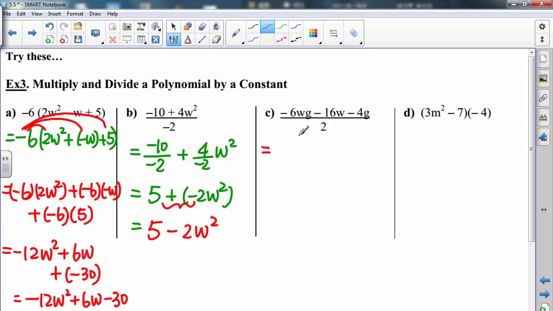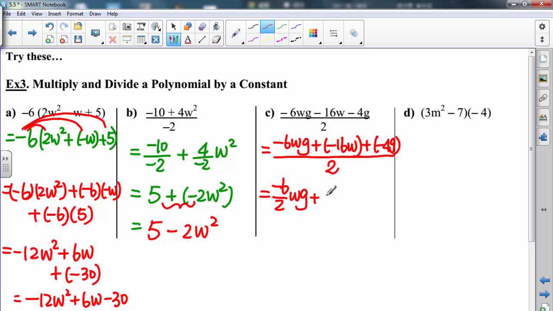Let's look at C. I will change the numerator, negative 6wg minus 16w, to negative 6wg plus negative 16w. This minus 4g I will change to plus negative 4g, divided by 2. Then I split the numerator into 3 fractions. So it's negative 6 divided by 2 wg plus negative 16 divided by 2 w plus negative 4 divided by 2 g.